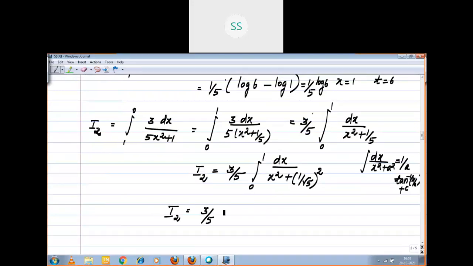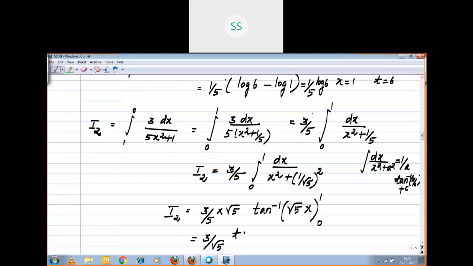So I2 equals 3 by 5 into root 5, the reciprocal of 1 by root 5, tan inverse root 5x, limits 0 to 1. Because in tan inverse x by (1 by root 5), where the denominator is a fraction, it will act as a reciprocal.